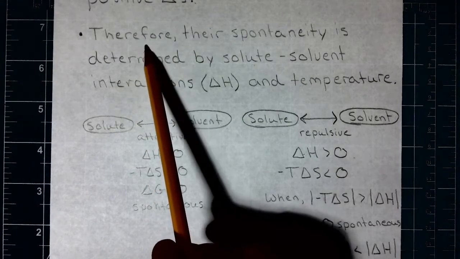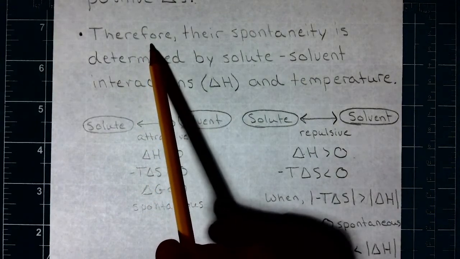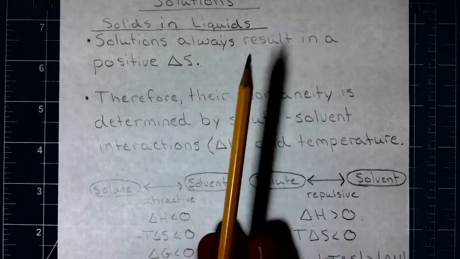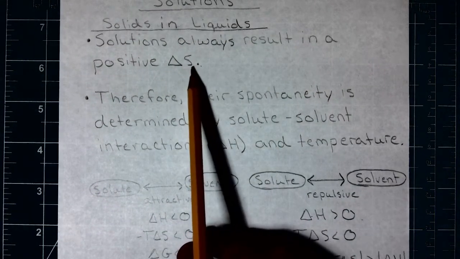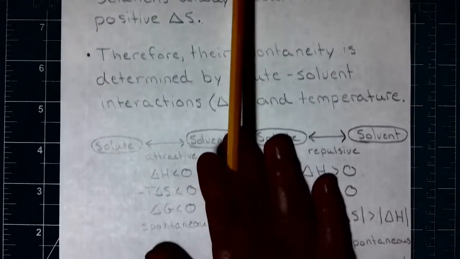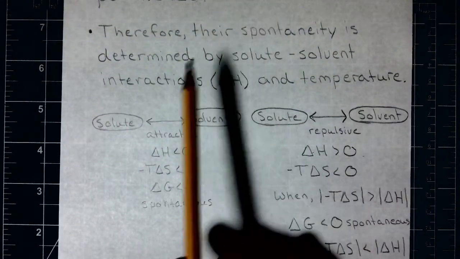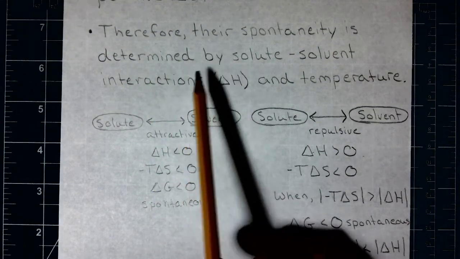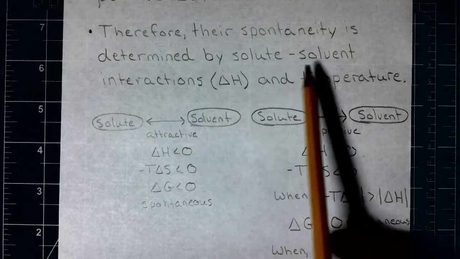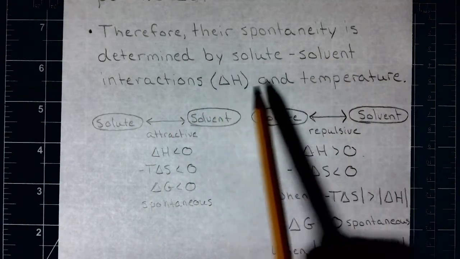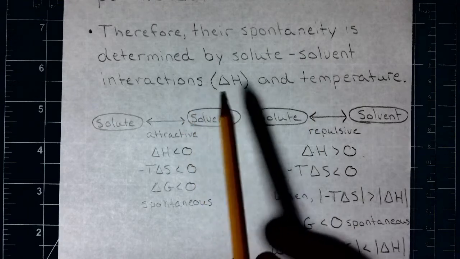Because we always have a positive delta S that's going to favor the formation of a solution, it is actually up to the enthalpy term and the solute-solvent interactions to determine whether or not that actually winds up forming.